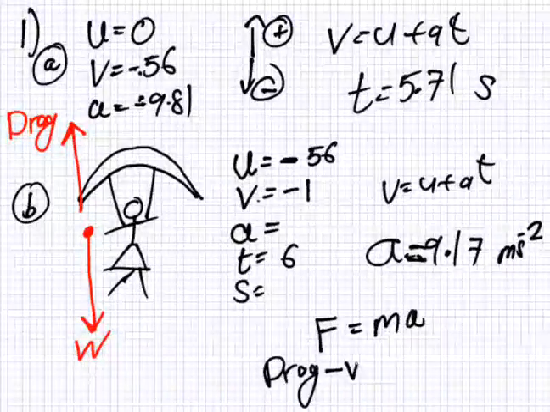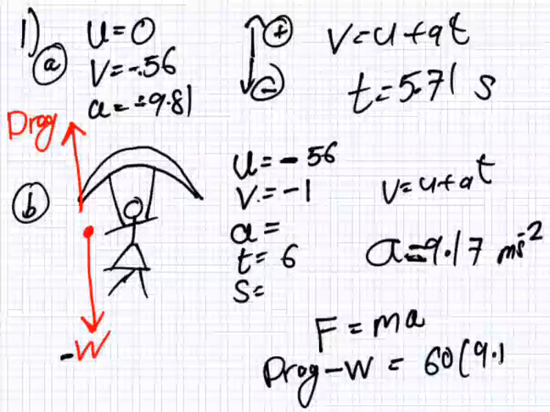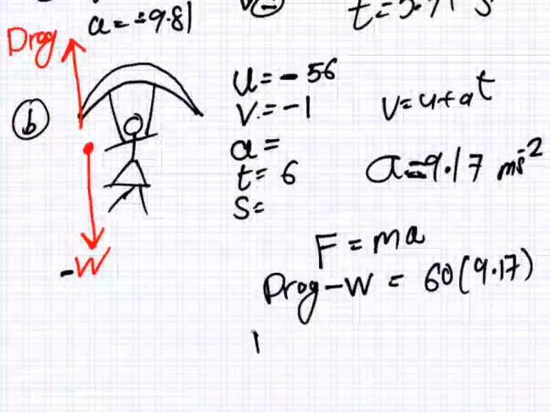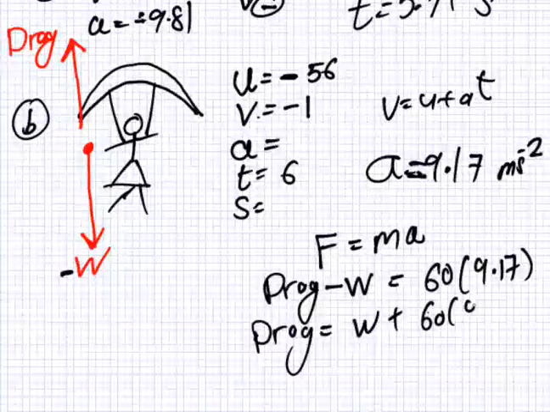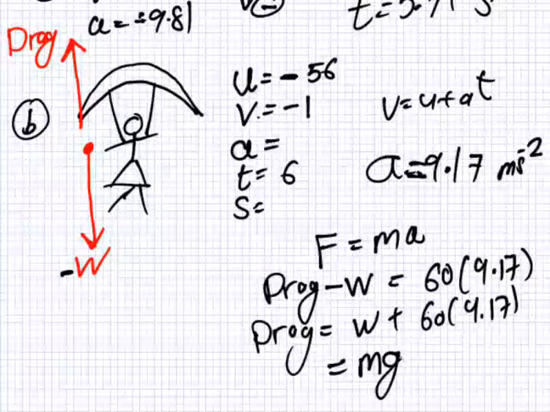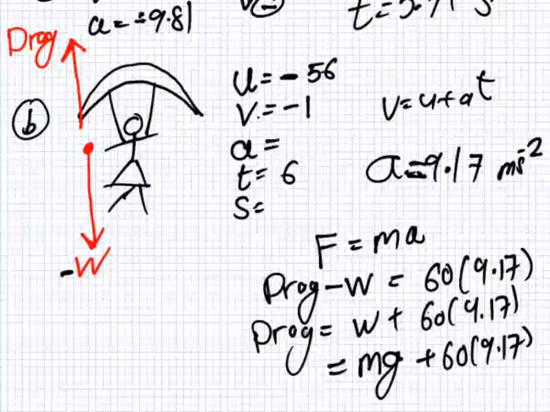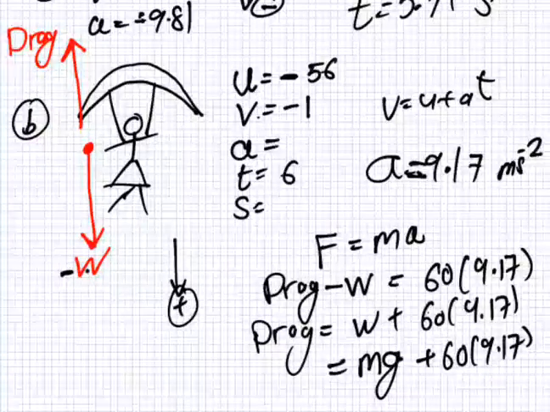Drag minus W, because this is going down, it's a minus, equals, what's the mass? 60A. Drag equals W plus 60A. What's the formula for W? mg, isn't it?